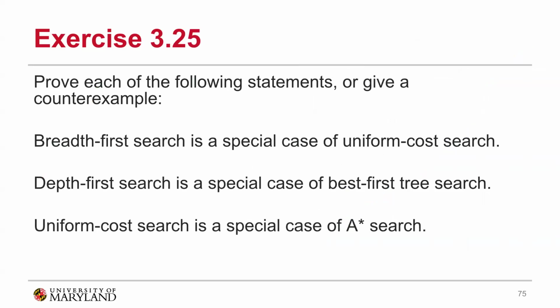Okay, so proof of the following thing: breadth first search. I believe Professor Rackley has also covered these topics, right? Breadth first search is a special case of uniform cost search. Do you guys have any idea why? Breadth first search is uniform cost search if the costs are always one.